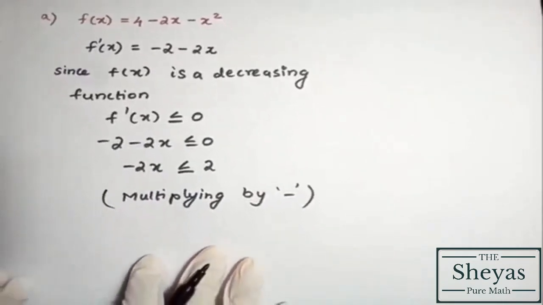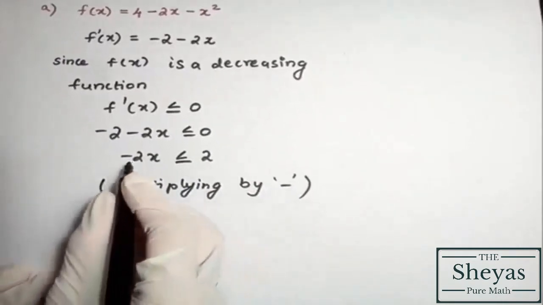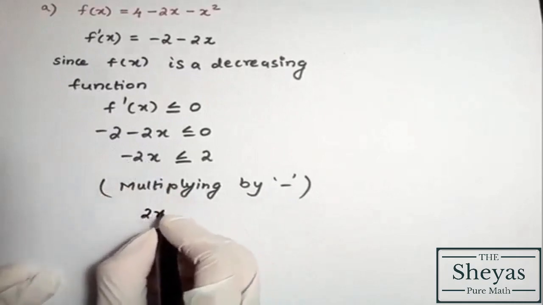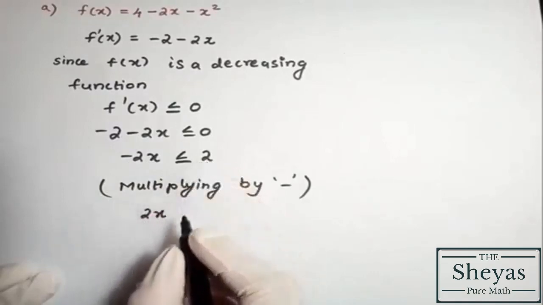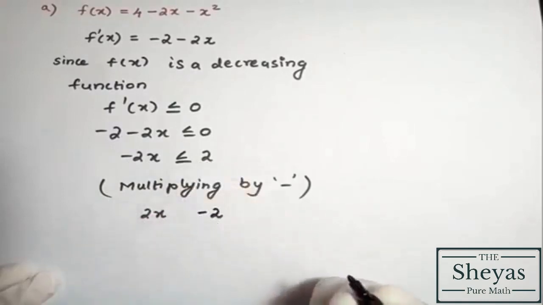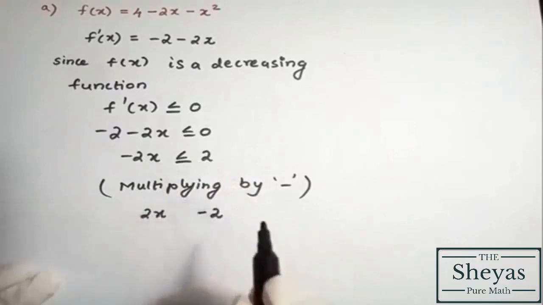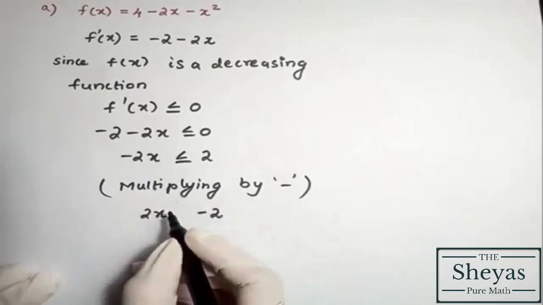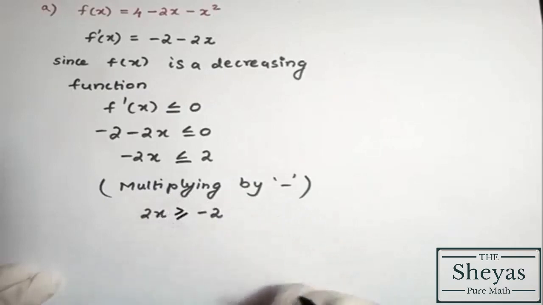When you multiply this with a negative sign, minus of minus 2x will become 2x, and this will become minus 2, and if you multiply any inequality with a negative sign, the inequality changes. So it will become greater than or equal to.